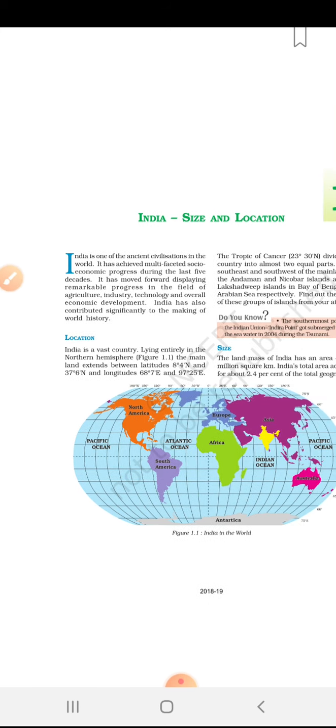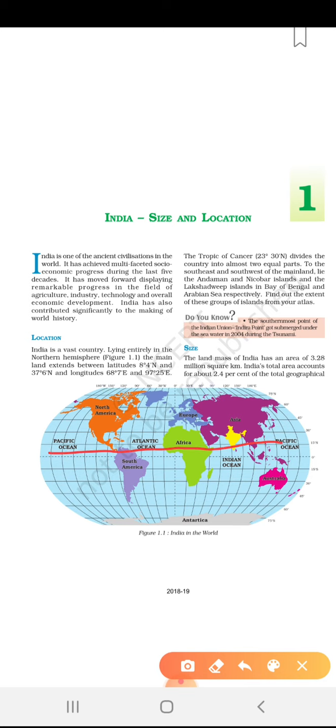India is a vast country lying entirely in the northern hemisphere. Yes, of course, northern hemisphere. Because the Tropic of Cancer divides India into two equal parts. So India lies here in the northern hemisphere. You can see it.